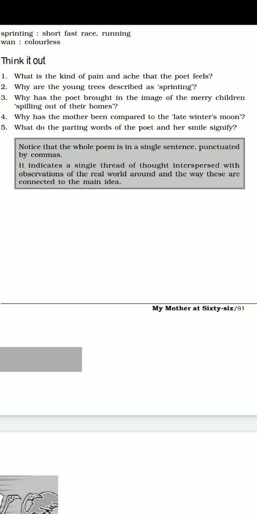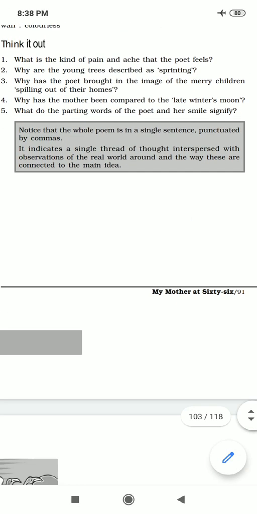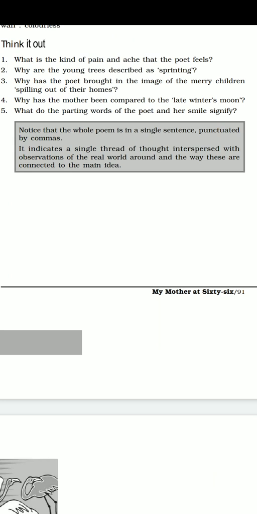So these 5 short questions are very important from the examination point of view also. So children, please read the text of the poem again and again so that you thoroughly understand the poem. Still, if you feel some doubts or some lines of the poem to be explained again, please do let me know.